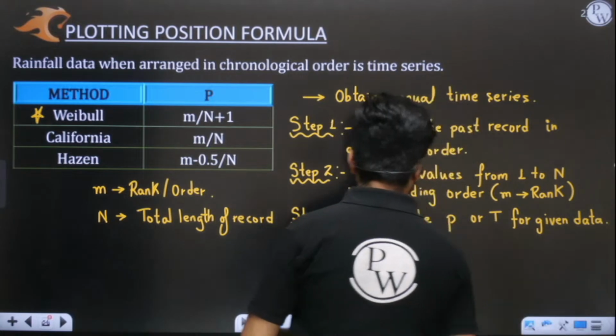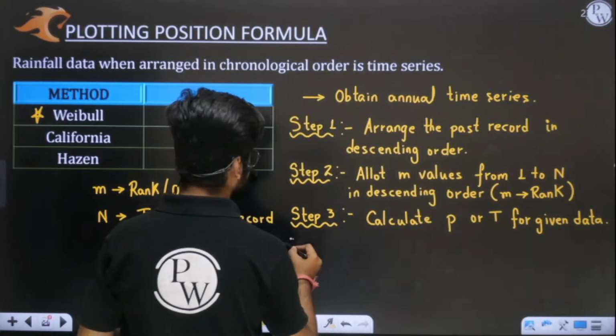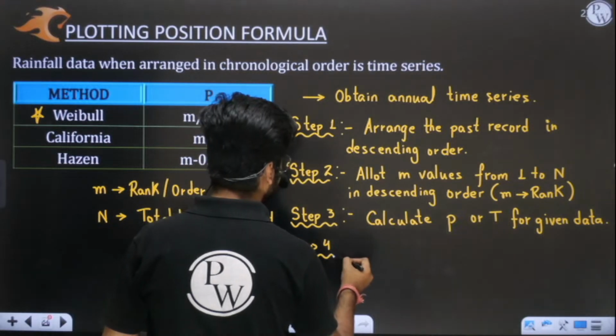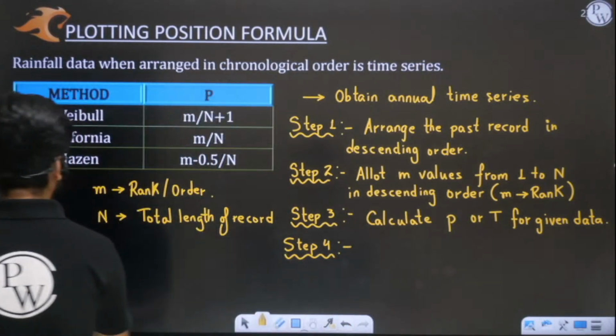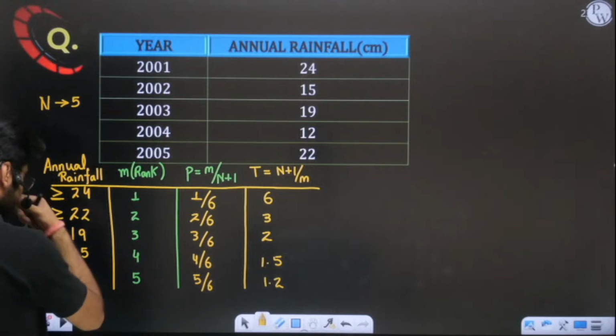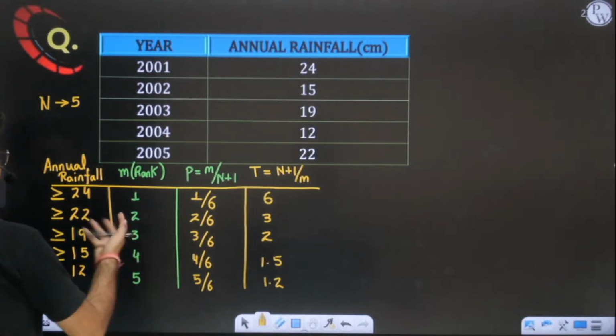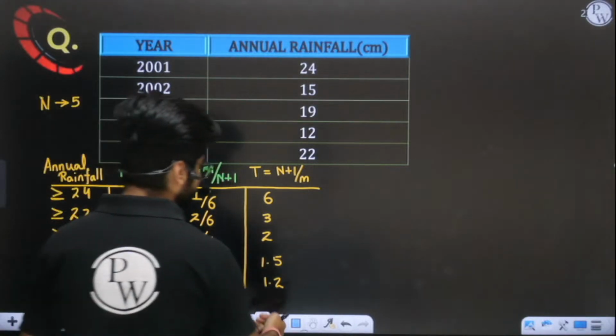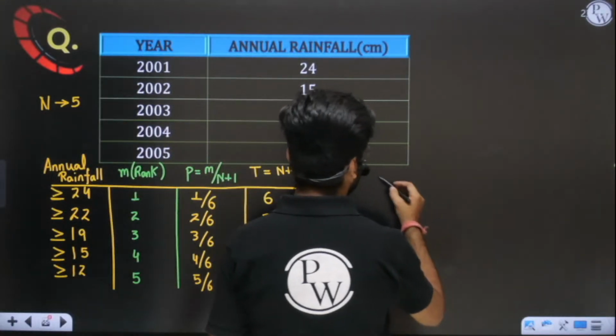Now comes the last step, which is the most important. See, what if the data is not given to you in the question? Let us assume, I'm just taking an example. Let me write an example here with the help of which you will be able to understand.